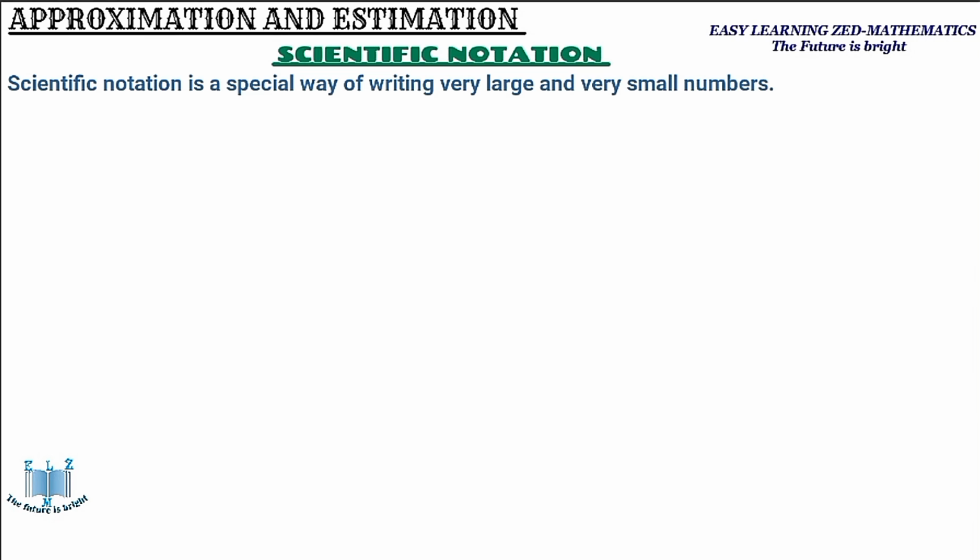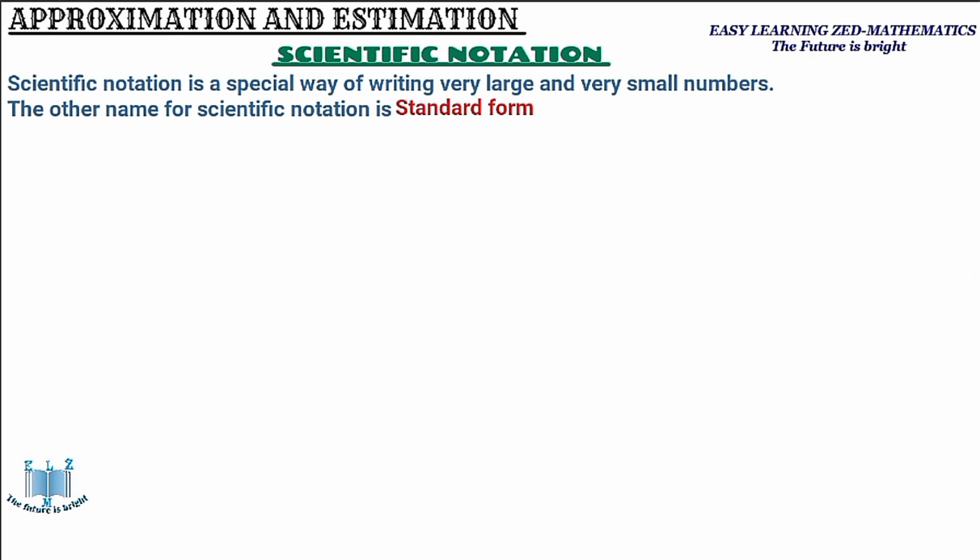If someone asks you to write numbers in scientific notation as well as in standard form, that means the person is asking you to do the same thing. The other name for scientific notation is standard form.